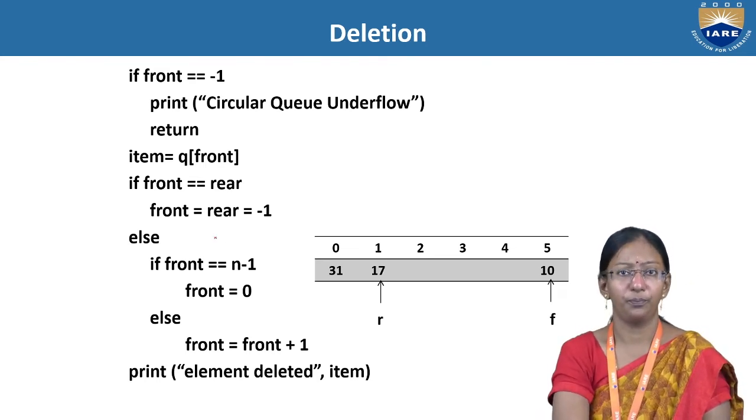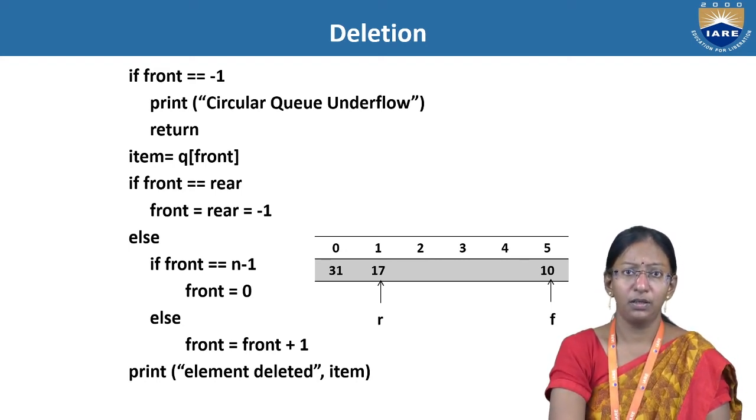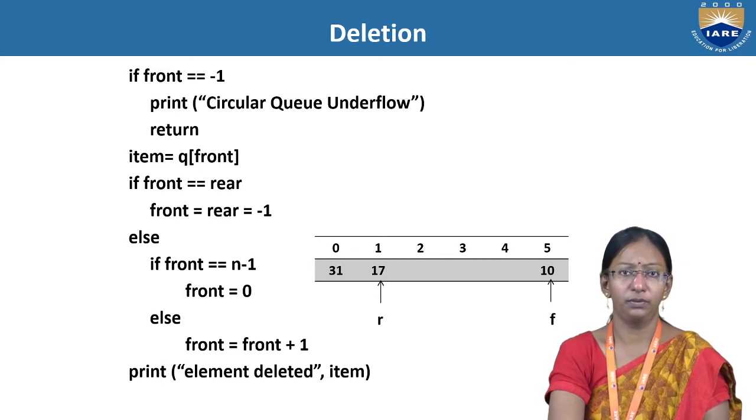That is case 1. Second case, where your front is not equal to rear, that is, you are not trying to remove the element which is the only element in your queue, right?